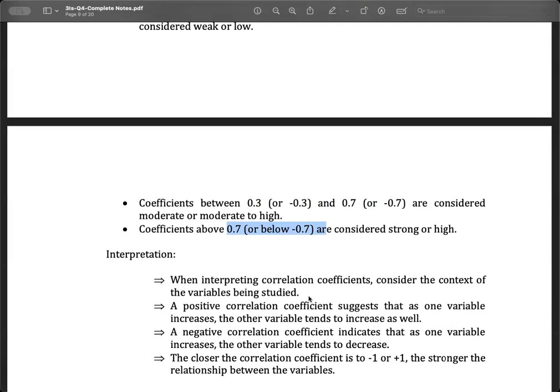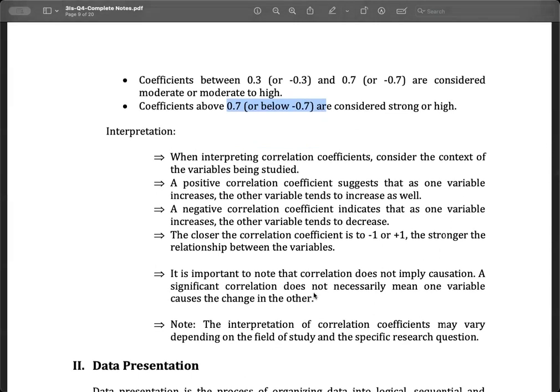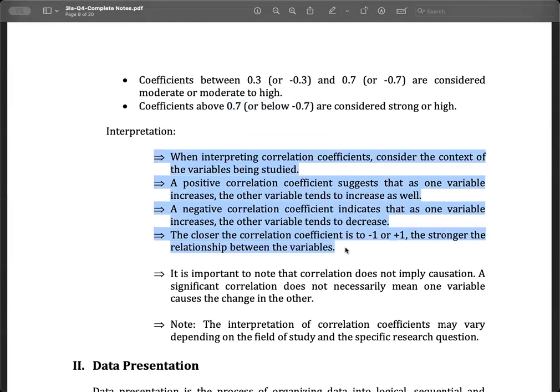So this is how we're going to interpret your correlation based on the direction and the strength, or the value, of your correlation coefficient. But remember, it is important to note that correlation does not imply causation.